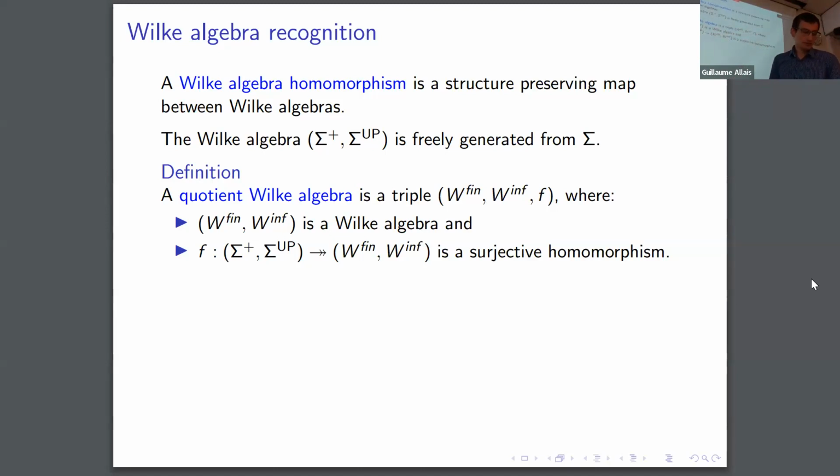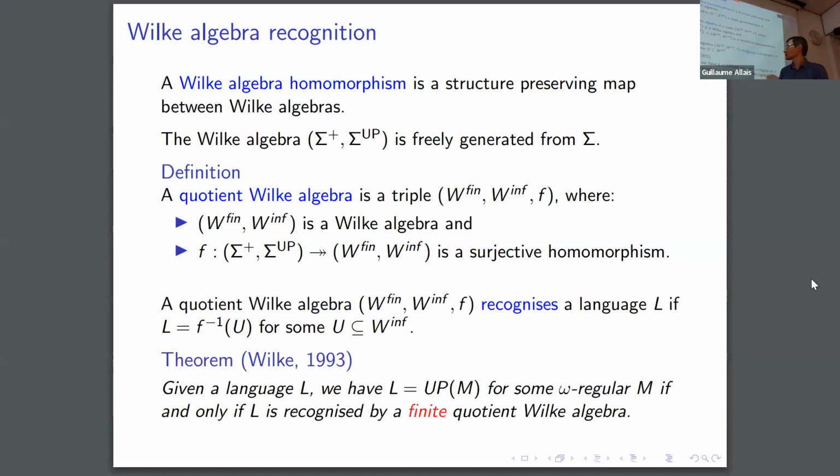And now we say that a quotient Wilke algebra recognizes a language L if L is the pre-image of some subset of the infinite sort.